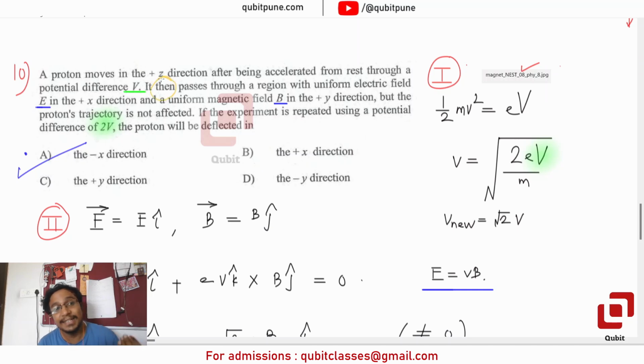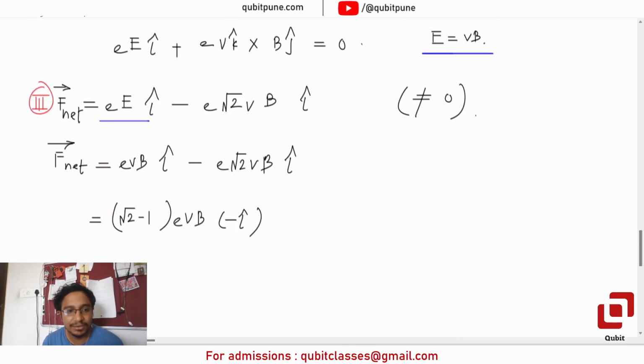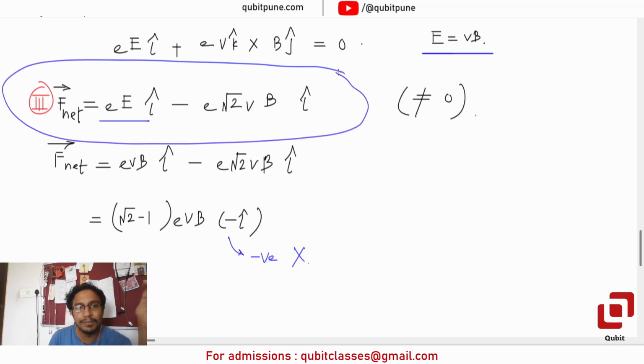So this then is important. First you are accelerating and then you are letting it go into that region. Has everybody understood this? Could you explain the last step again? How did you get minus i? Okay, good. Do you agree that this is the net force that the charge experiences, with root 2 v being the new velocity?